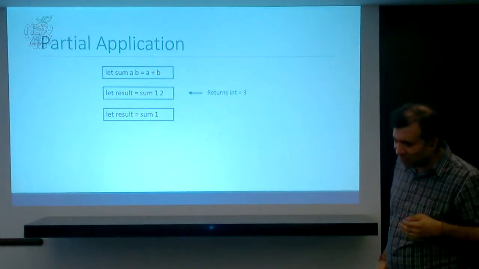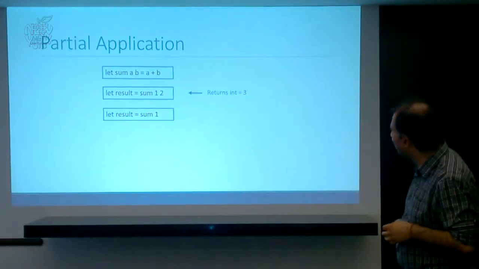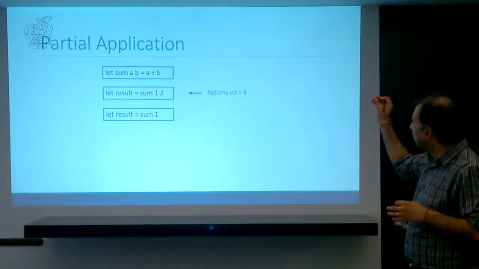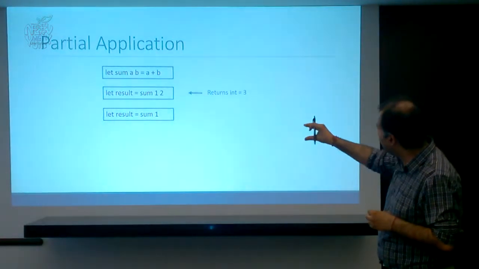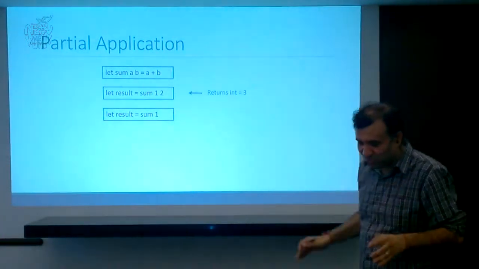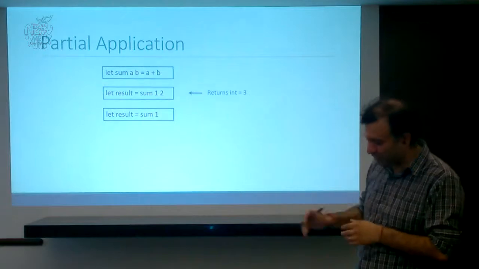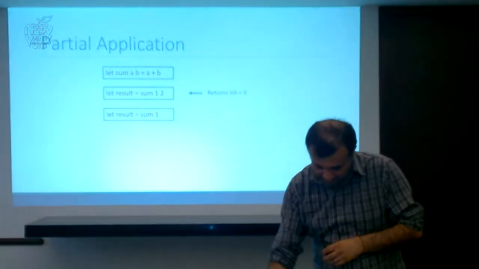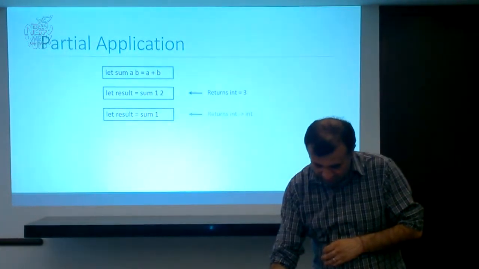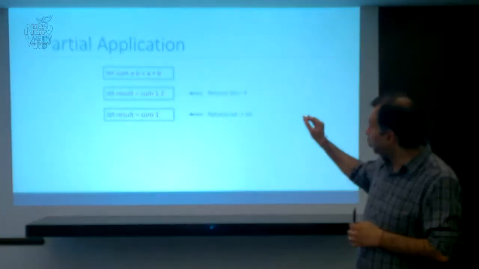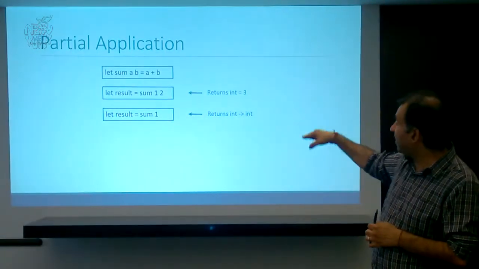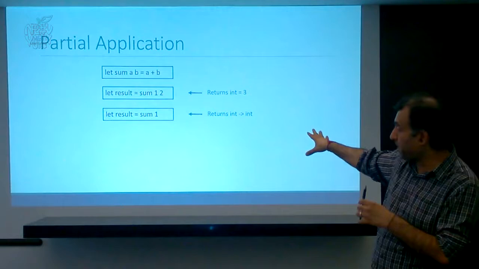Again, in functional programming, you will have these complicated terms like closure, where when you pass these variables and you complete the function, you obtain what is called a closure, but I don't want to go too much into functional programming. What I wanted to illustrate here is you have taken one function and created another function from it.